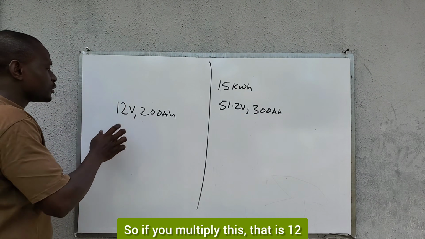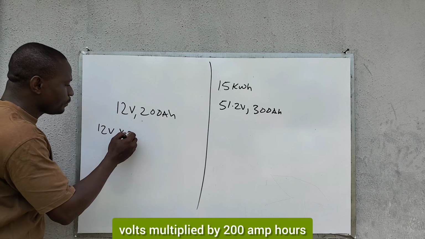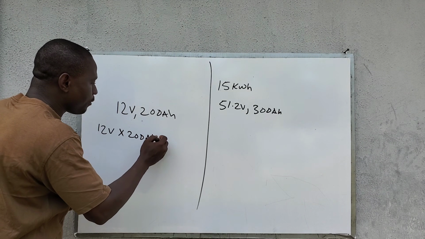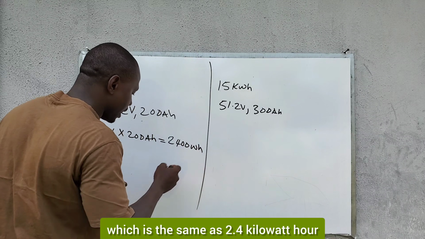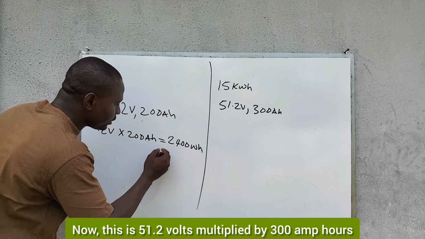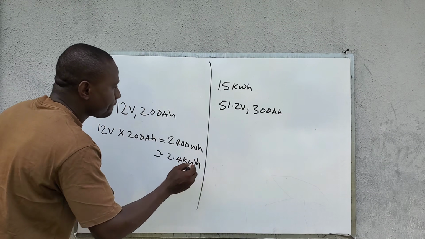So if you multiply 12 volts by 200 amp hours, this will give 2,400 watt hours, which is the same as 2.4 kilowatt hours.